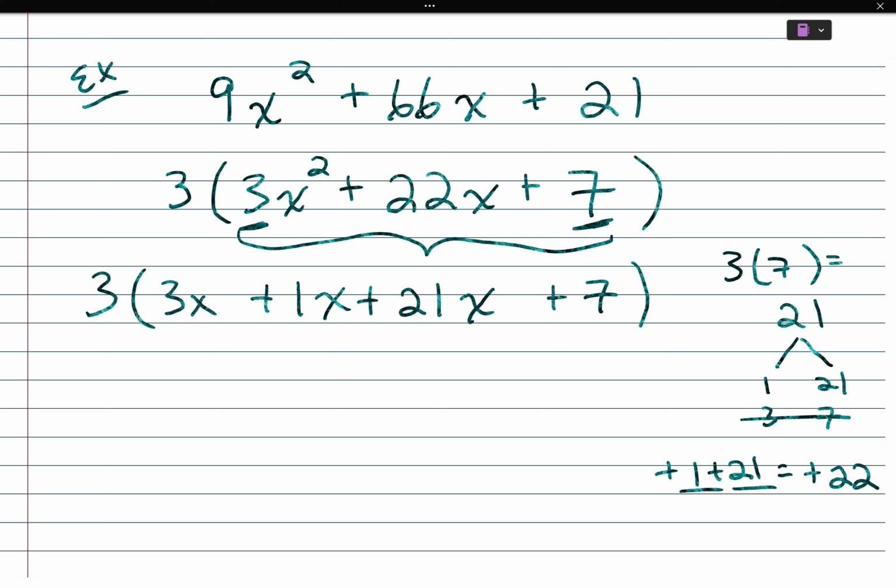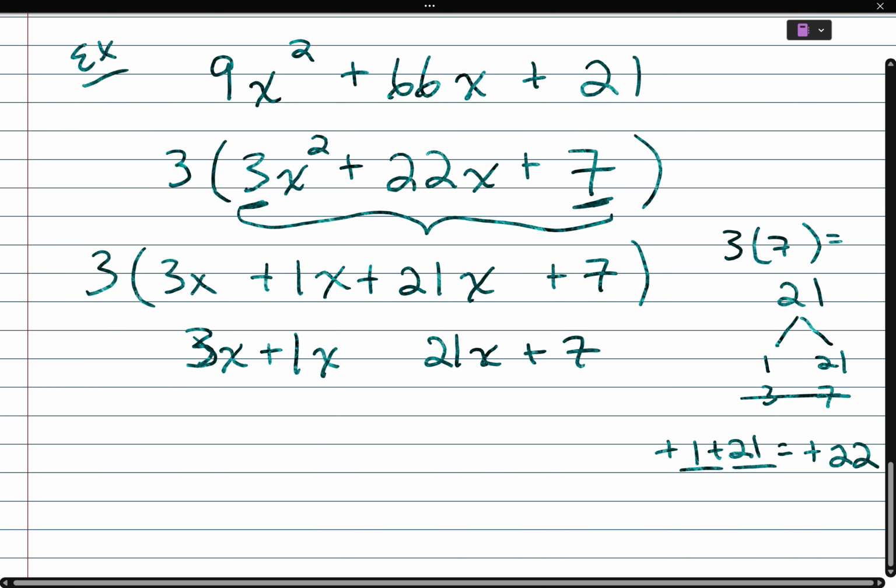So I'm just going to keep it like it is, the 3x, and then the 1x, and then the 21x, and the 7. So once we do this, factoring by GCF now.